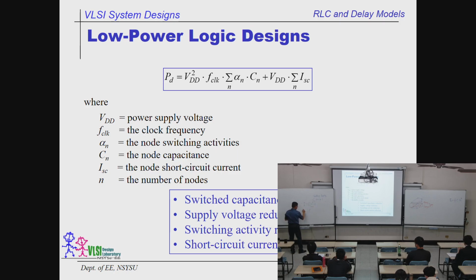So we have A and B, and let's assume A and B are randomly given. So there are 4 possibilities: 0 0, 0 1, 1 0, 1 1. Then what is the outcome here? 0, 0, 0, 1. Is that clear?